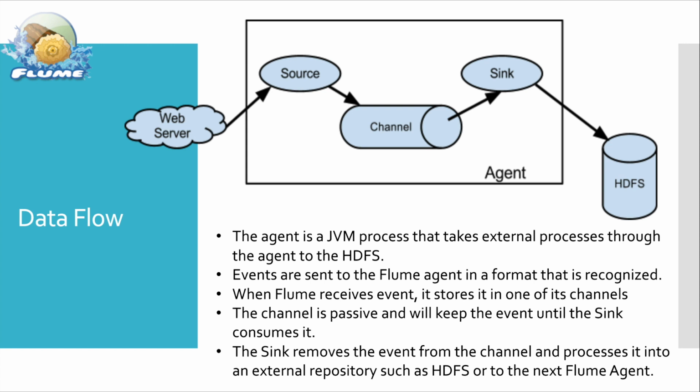So the web server goes through the source, and the source is sort of where the data will be coming from, which feeds into the channel. And the channel acts a bit as a buffer, so it's basically holding all the data that was transferred over from the web server through the source.